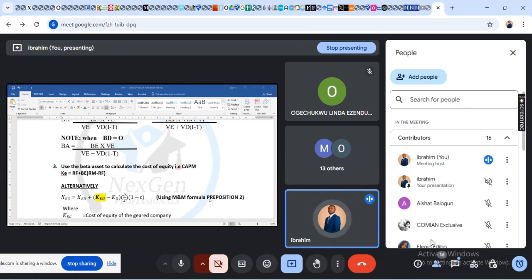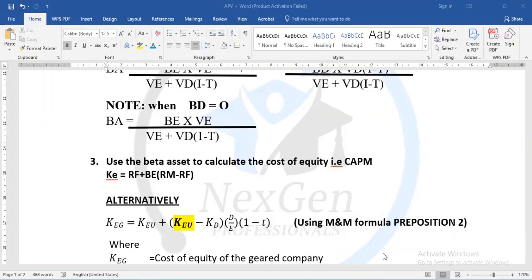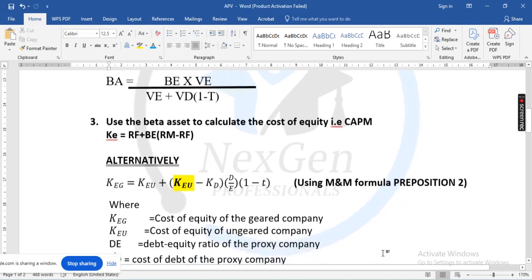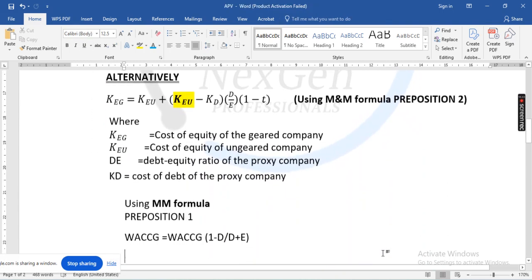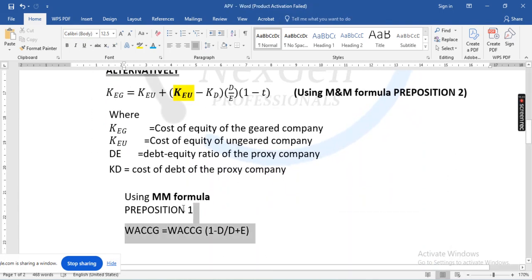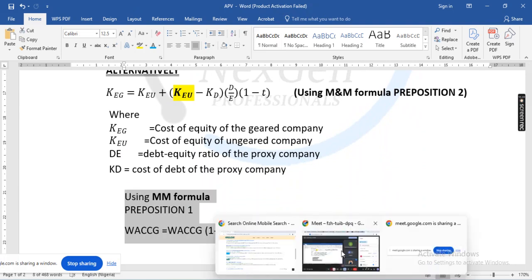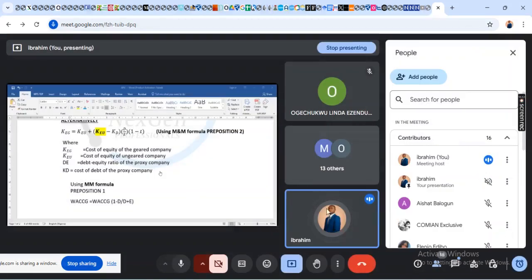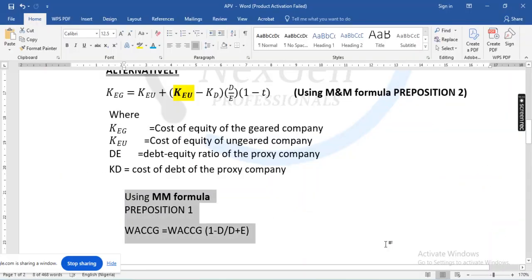Now, this is what you need to know when you want to determine the base case NPV. And it is just like this. We don't need it, but I just needed to bring in proposition one so that you see, you look at it, and this is just proposition one. We don't need it in our present value. What we need is proposition two, which is this.